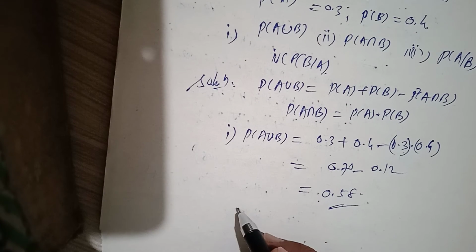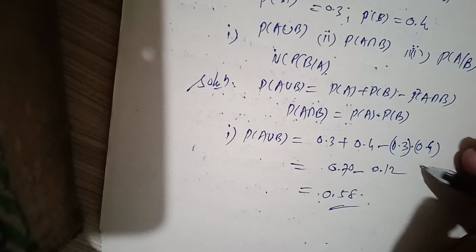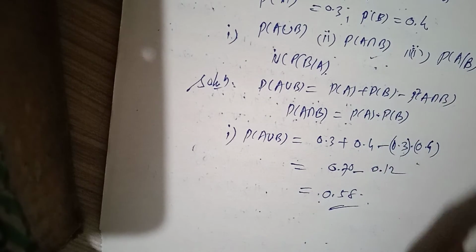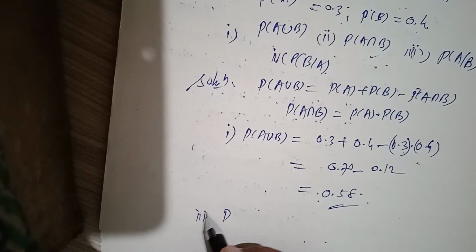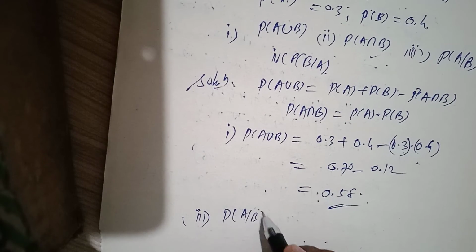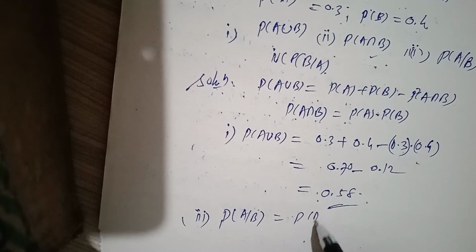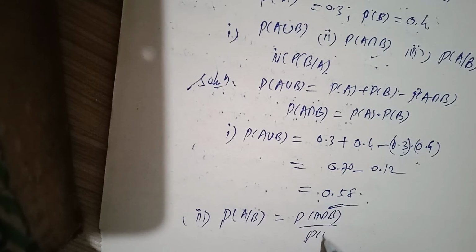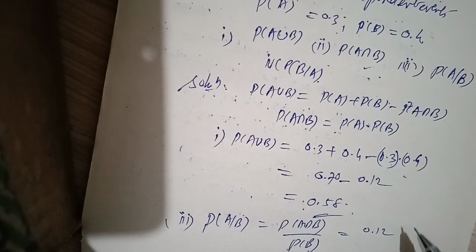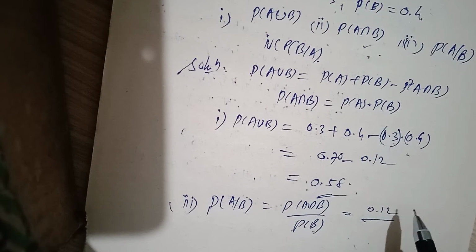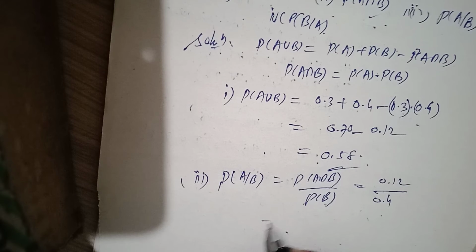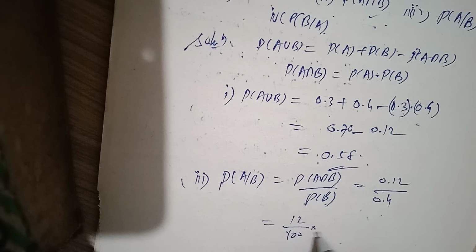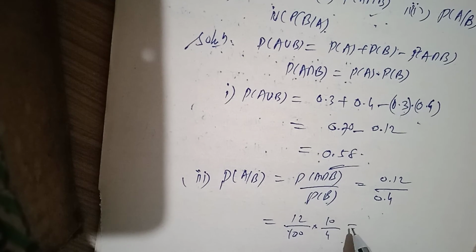Then if they are asking P of A intersection B, clearly we have first found out this. Then third, P of A given B is nothing but P of A intersection B divided by P of B. What is P of A intersection B? Just now we saw it is 0.12. P of B is nothing but 0.4. So in whichever way you would like to say it, 12 upon 100 into 10 upon 4.